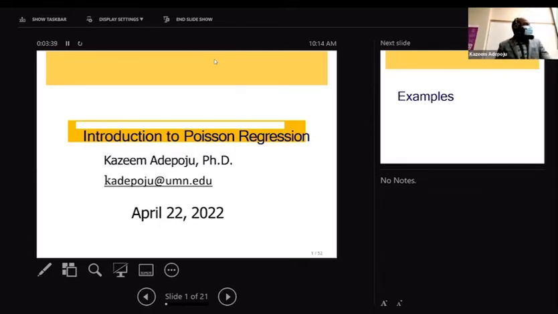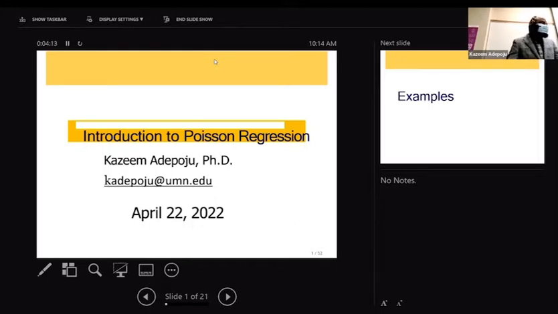If I want to build a statistical model to characterize relationship between variables, we have a lot of assumptions. In addition to the assumptions, the nature of the response variable is very important. The nature of the response variable will tell us what statistical model we are going to use.